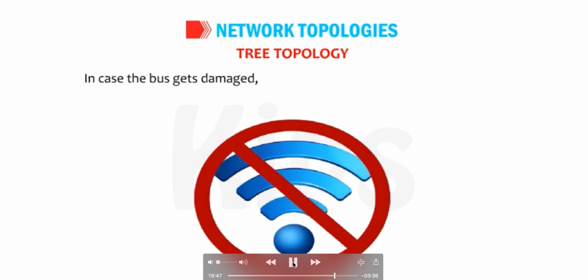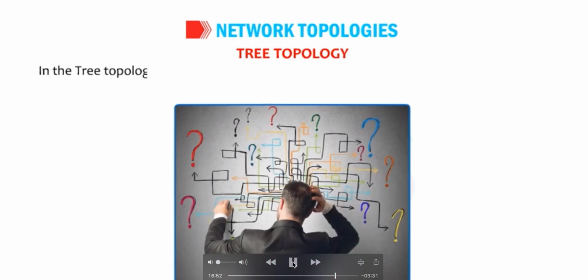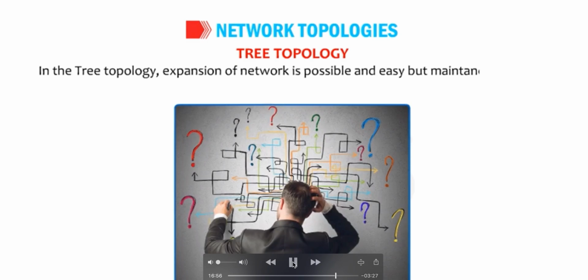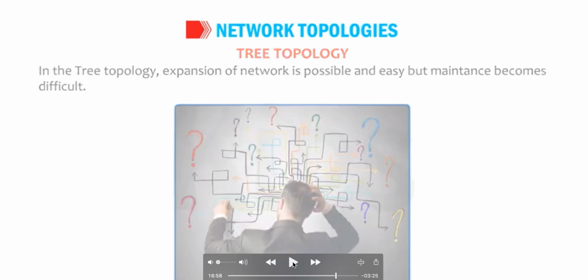In case the bus gets damaged, it causes destruction in the entire network. In the tree topology, expansion of the network is possible and easy, but maintenance becomes difficult. Always think about the expansion, because today you have designed the topology with 5 systems, and tomorrow you may need to add 2 more systems.